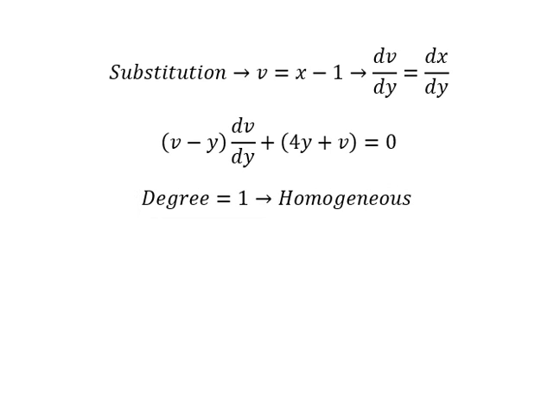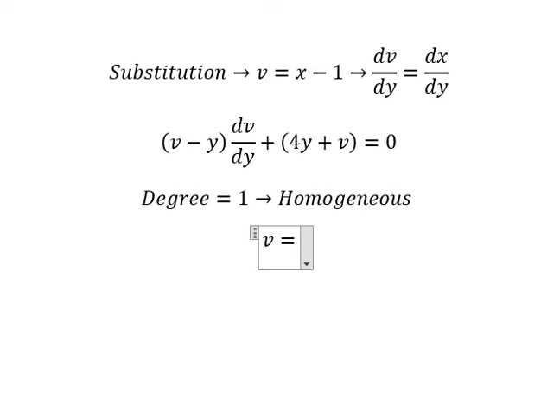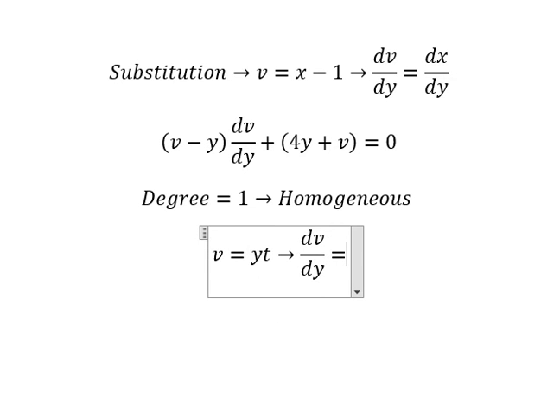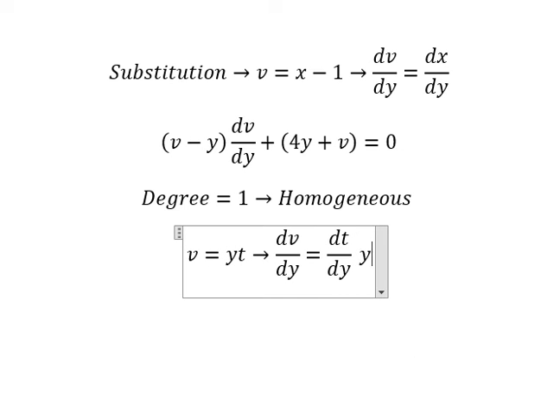And now I will put v equals to y over t. Oh sorry, yt in here. So if we do first the derivative for both sides, we have dv over dy. First the derivative of t, we have dt over dy, multiply by y.